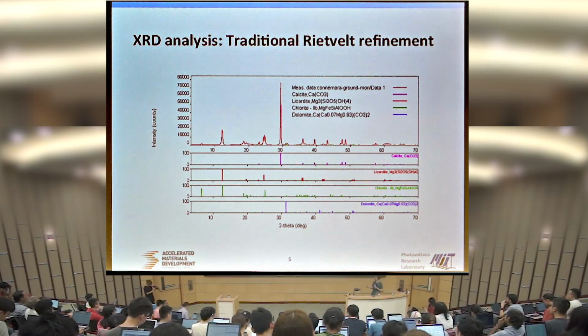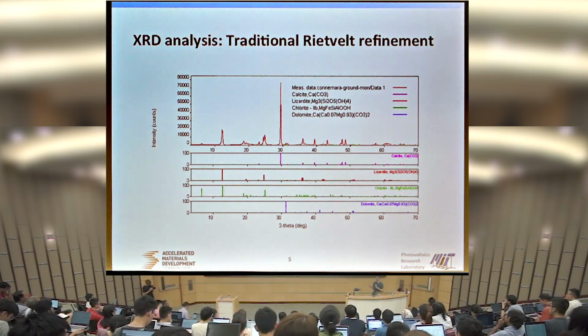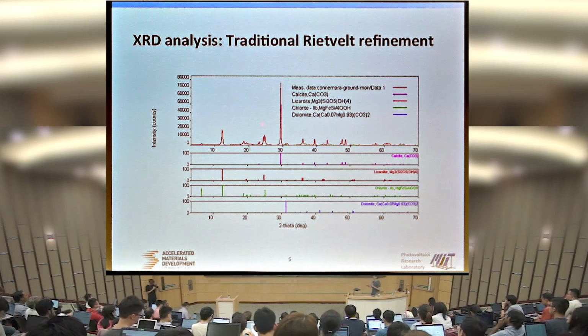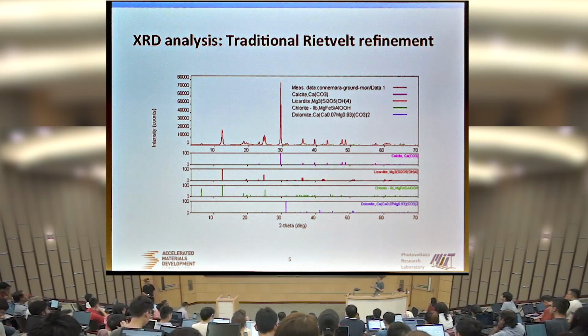This is an XRD spectrum for compounds. It consists of calcite, chloride, and so on. It's a mix of compounds. The traditional way of doing XRD analysis is called Rietveld refinement. You have this spectrum, and a researcher looks at the peaks and the relative positions of all the peaks, and then references the peak locations and peak heights to a certain database.